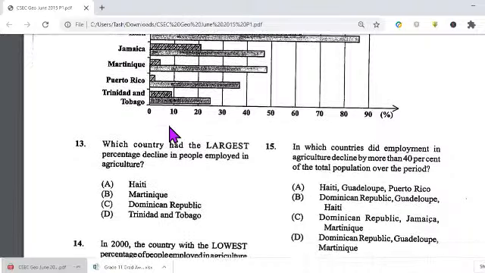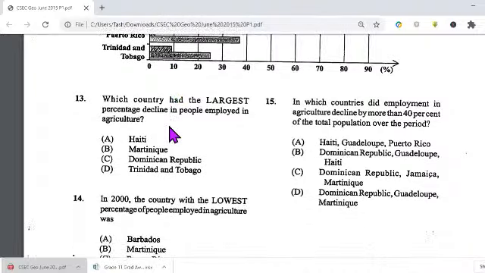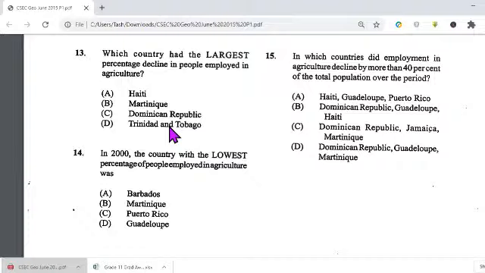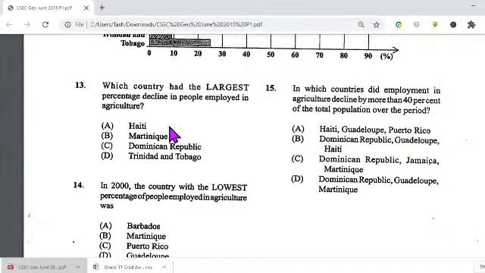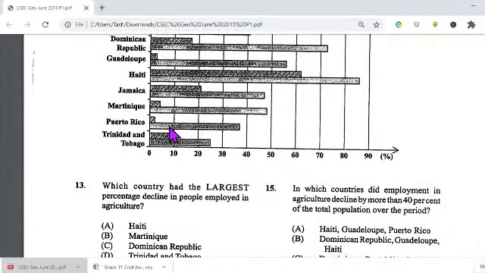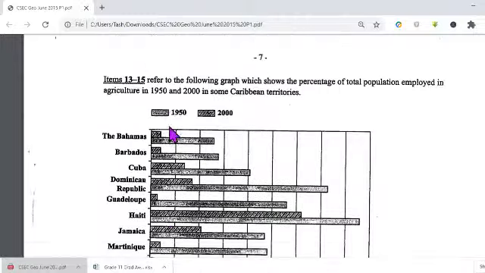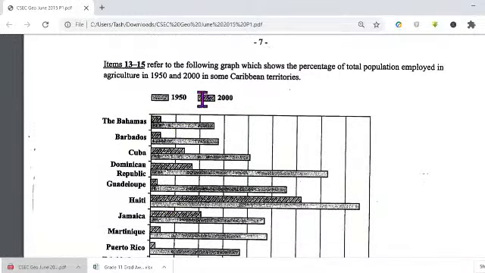So number 14. In 2000, the country with the lowest percentage of people employed in agriculture was, so the lowest percentage of people employed in agriculture, we have Barbados, Martinique, Puerto Rico, and Guadeloupe. And that is in the year 2000. So we are only looking at the ones that are shaded with the stripes.